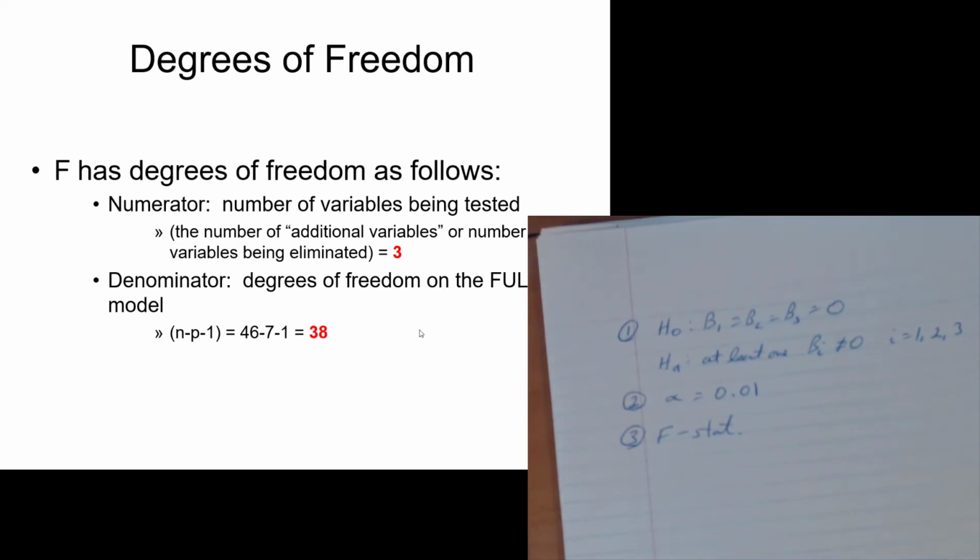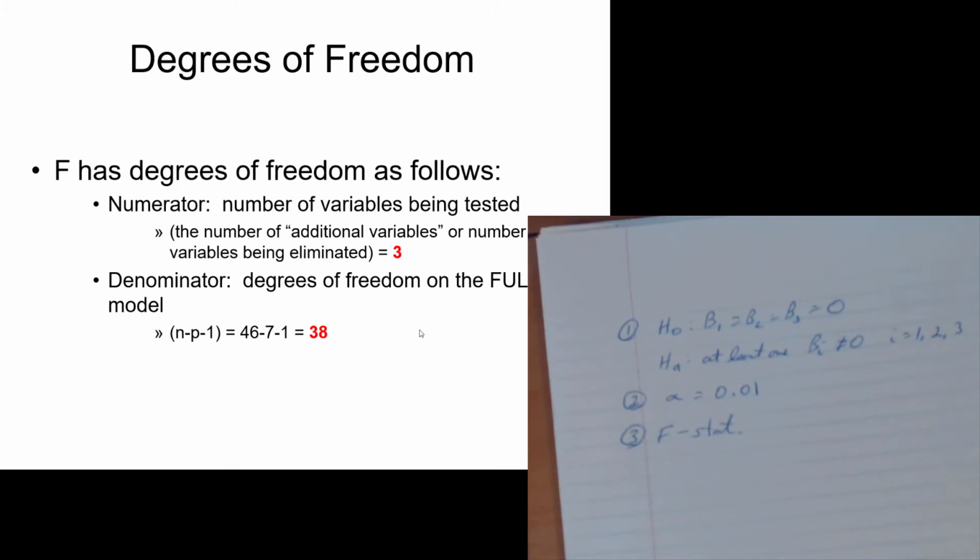Okay, so a variety of ways to come up with this 3. I think it's just easier to go, hey, how many betas, how many coefficients are we testing? 1, 2, 3, boom, done, easy, simple, right? Some people like to go 7 minus 4, ooh, 3, oh, yay! And if you're one of those people and that makes you happy, go for it. Okay, both get you to the same 3.